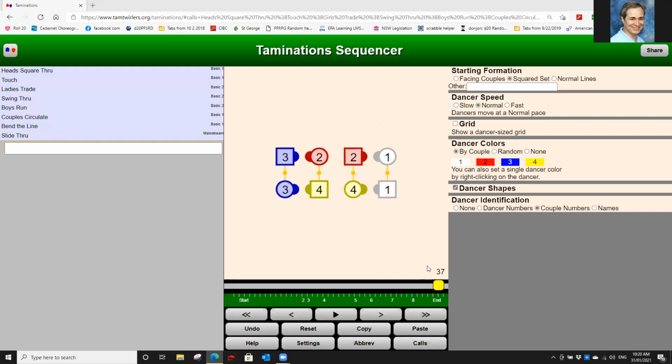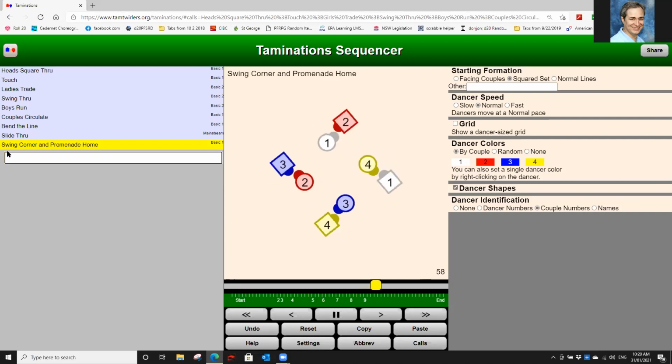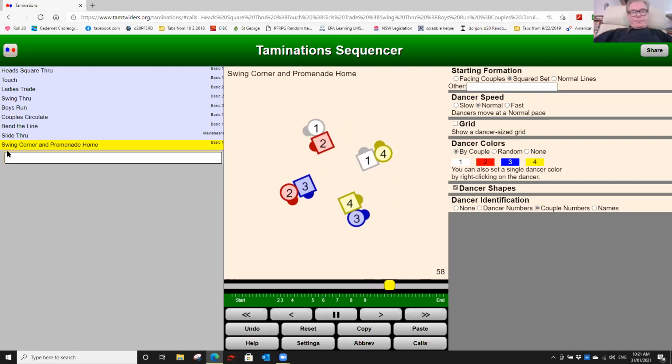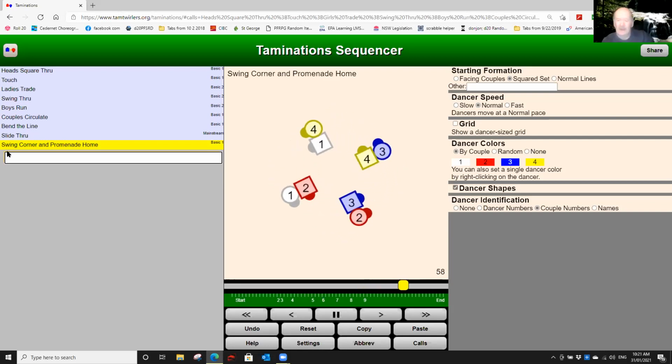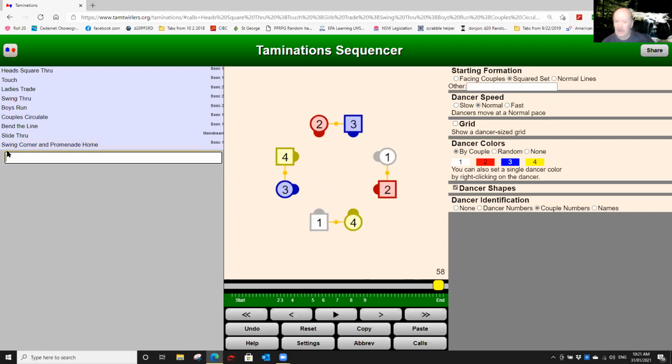Yeah. So if the dancers are a little slower, do you think this is an acceptable quadrant to swing and promenade from? Yeah, I wouldn't make that as any kind of a rule. Understanding it and knowing that that's available, that makes it a module, no doubt about it.